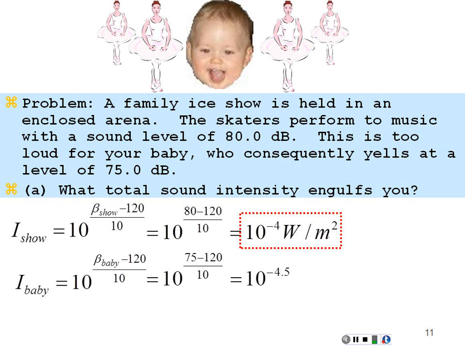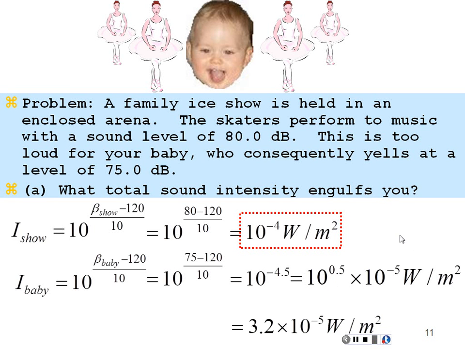If we do that on the calculator, we can get a scientific result. Or I can do it this way, 10 to the 0.5 times 10 to the minus 5. And the square root of 10, or 10 to the 0.5, is 3.2. So this is 3.2 times 10 to the minus 5 watts per meter squared.